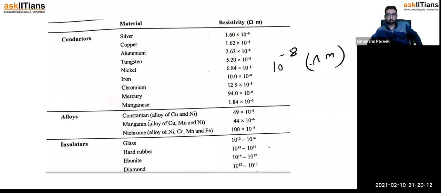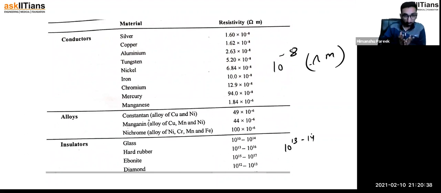Let's talk about the insulators. For insulators, it goes in the order of 10 to the power 13, 14. It's very high. For insulators, the resistivity is so high that they do not even allow the flow of current. So much obstacle would be there. And now you can decide in your mind that this insulator belongs to which part of India. This much poor condition you will find there for traffic.